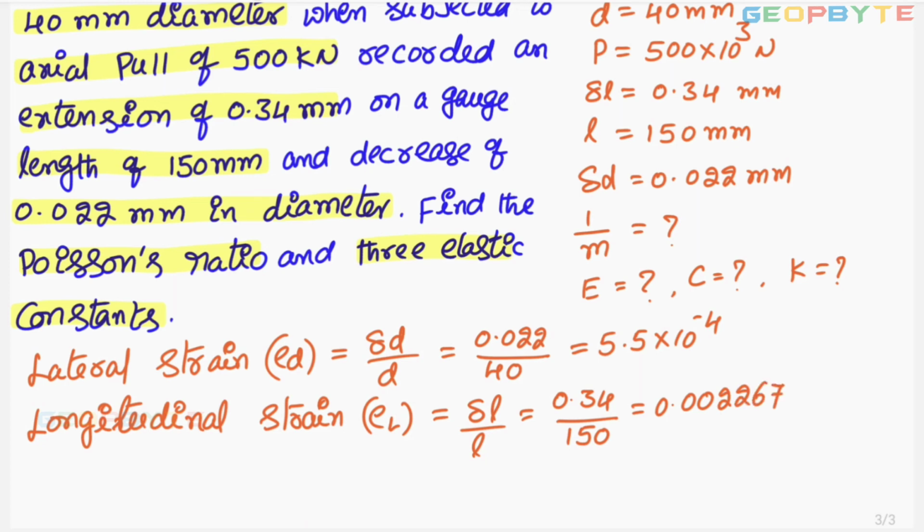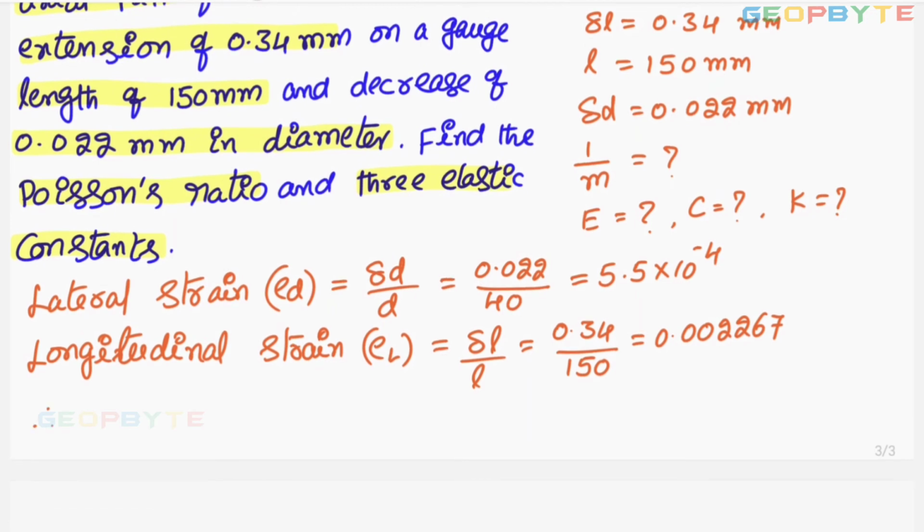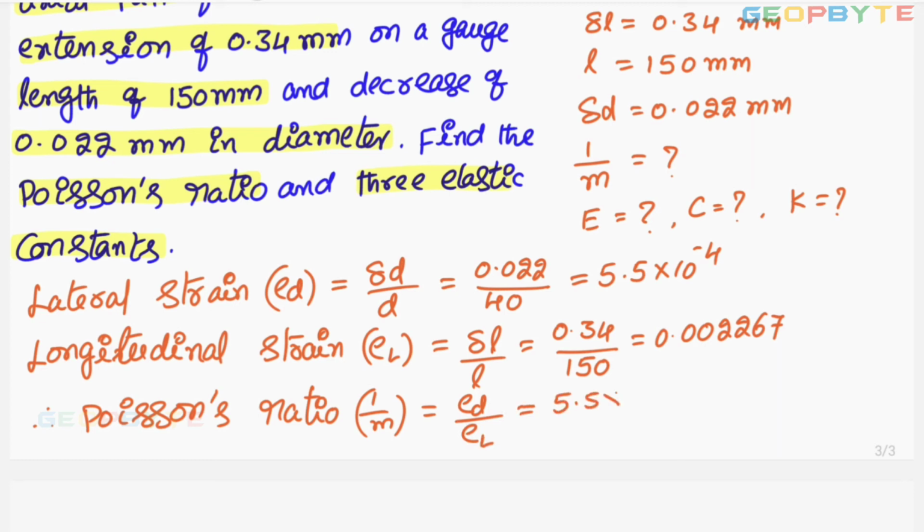Strain has no units. Then Poisson's ratio 1 by m equal to lateral strain ED by linear strain EL, ED 5.5 into 10 raised minus 4 divided by 0.002267. Simplify this value for getting around 0.24. That is the Poisson's ratio.